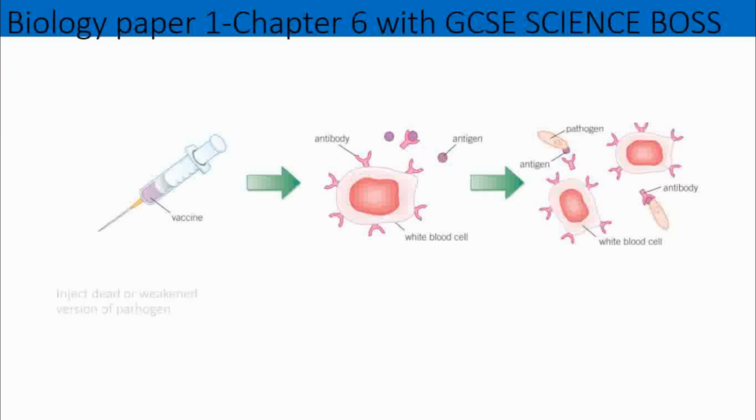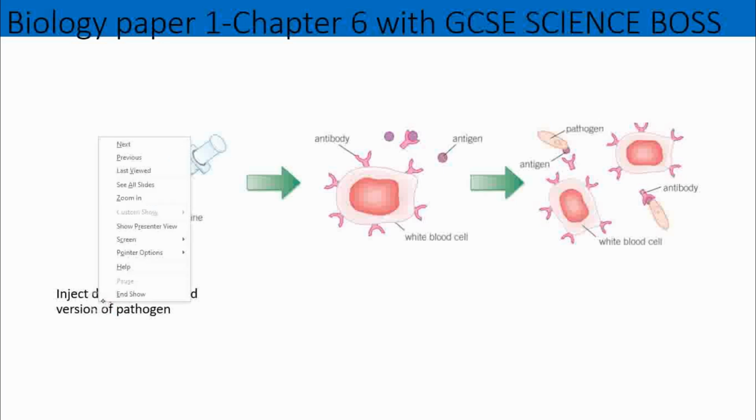What the vaccine does is it contains a dead, and it is very important that you know it's either dead or weakened, form of the pathogen. When that pathogen enters the body, here's your pathogen and here's your antigen, the dead or weakened form, your white blood cell then decides, okay, this is the antibody that fits to it, that's complementary to the antigen and the pathogen, and therefore kills it.